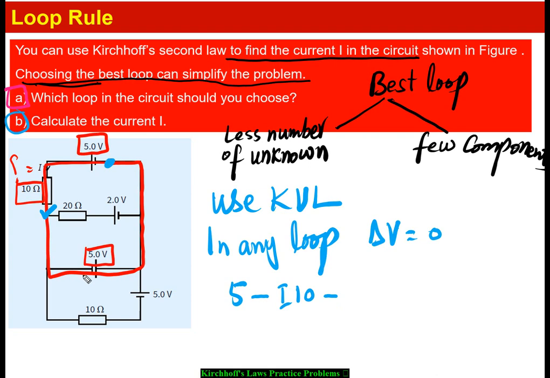Now, if we go from negative to positive, we gain voltage, so this is 5, and overall it has to be equal to 0. Now we can simplify this: we get 10 on one side and 10I on the other side. So I will be equal to 1.0 amps, or simply 1 amp.